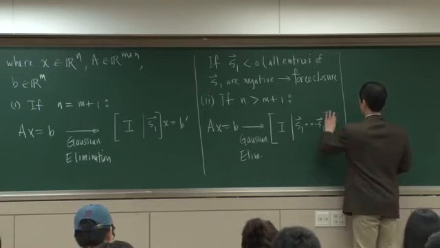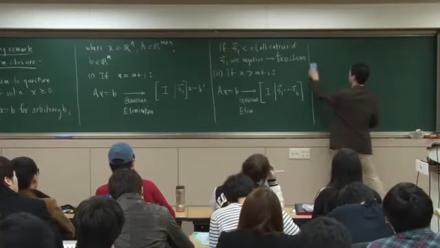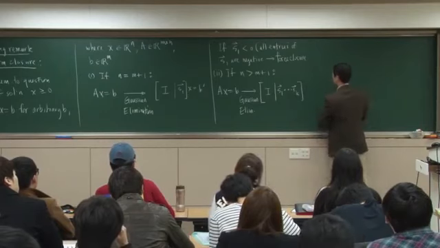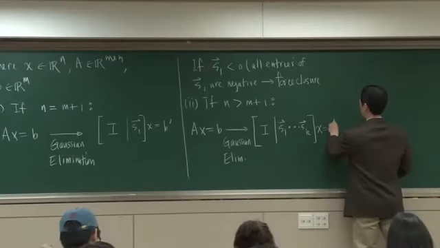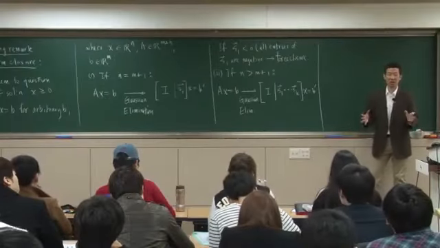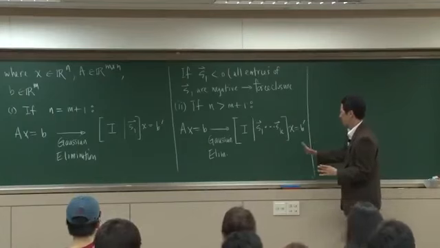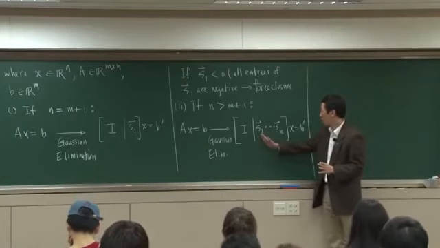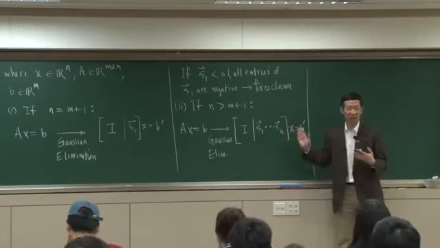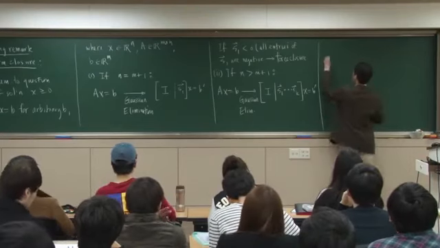And then this times x equals b prime. So here, what do we do? Now, it's not necessary for all the S1 through Sk to have negative entries. Rather, what we need here is the following.